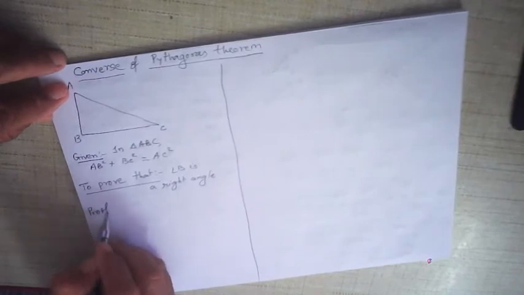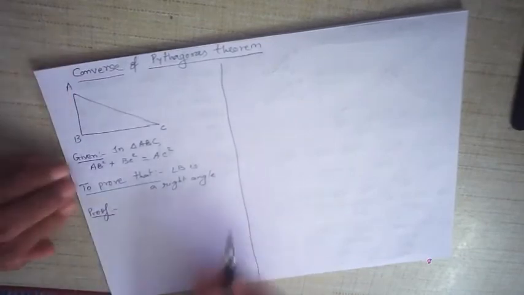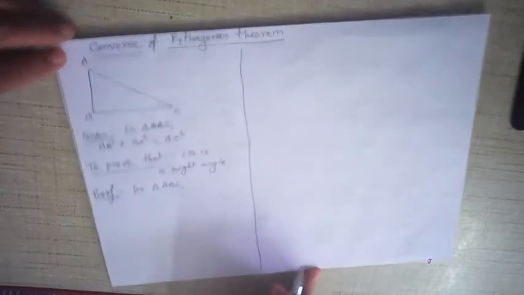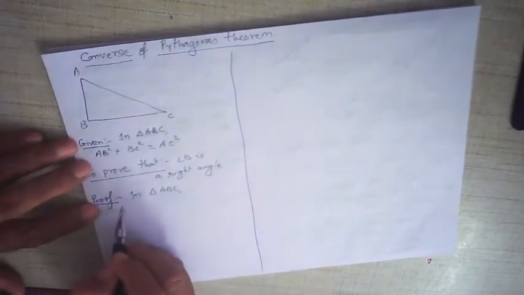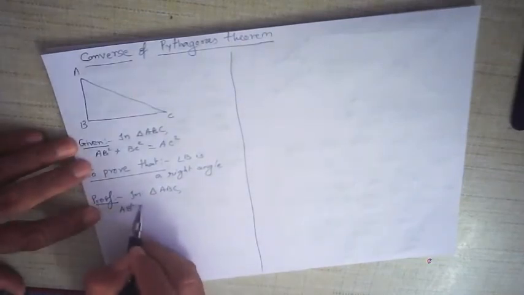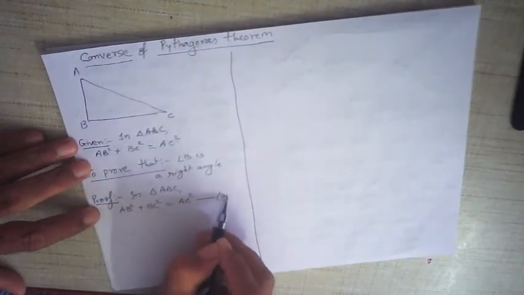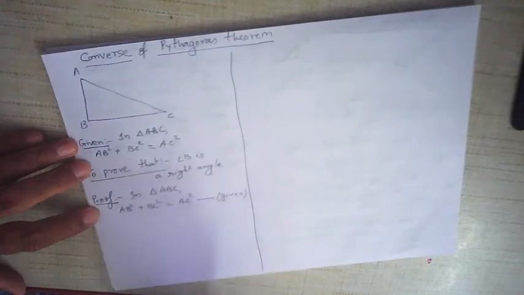Obviously we start with what is given. In triangle ABC, AB square plus BC square is equal to AC square. This is the fact which is given.